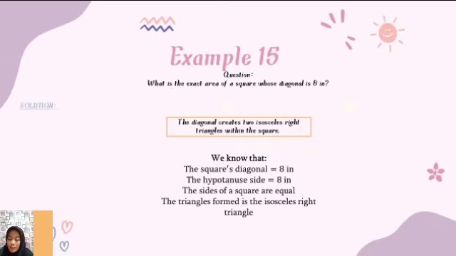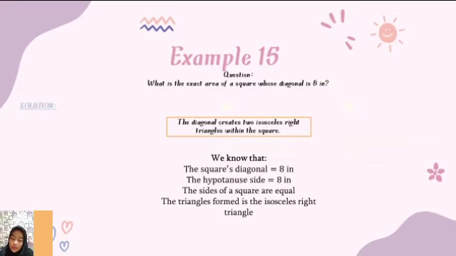Next is example 15, the last example in this meeting. Question: what is the exact area of a square whose diagonal is 8 inches? Solution: the diagonal creates two isosceles right triangles within the square.